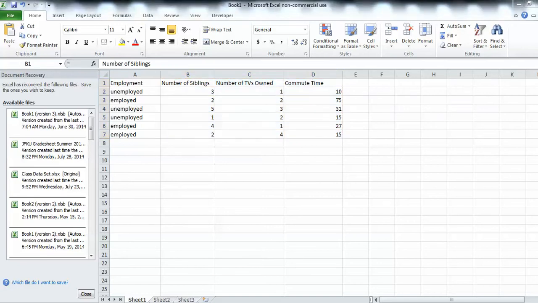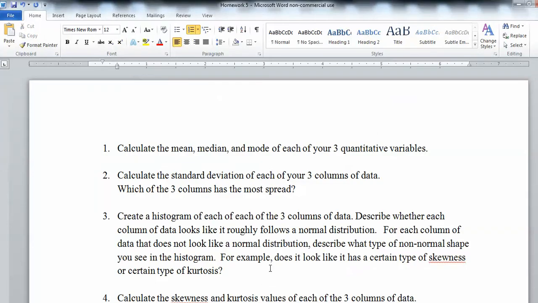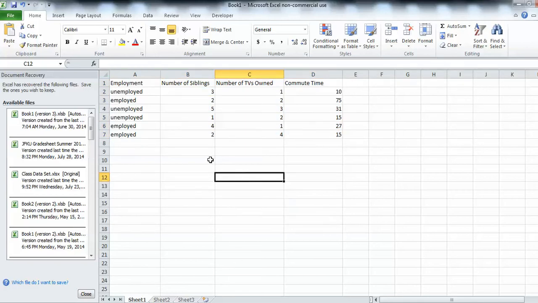The first question asks, calculate the mean, median, and mode of each of your three quantitative variables. Or I could have just said each of the three columns of data that have numbers in them. How can you do that?